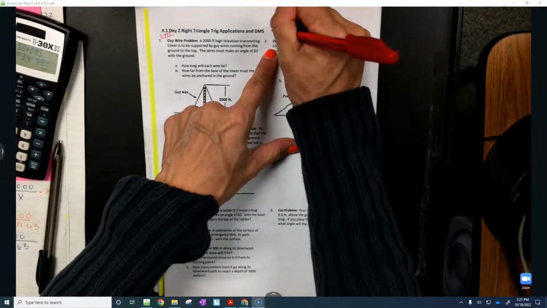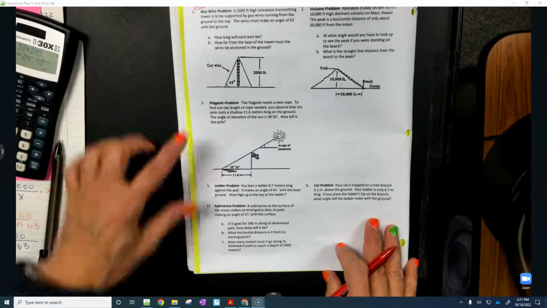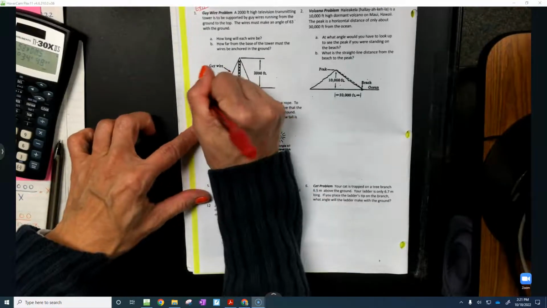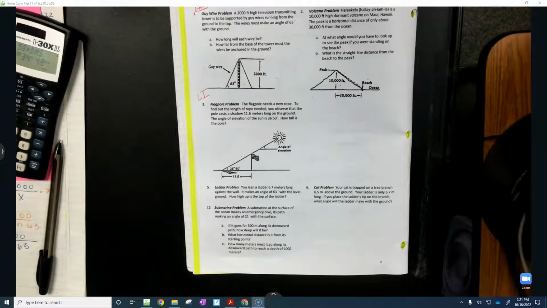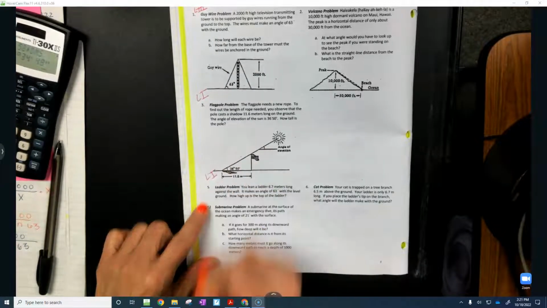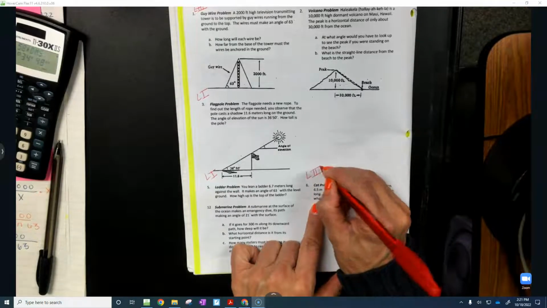Number 2 is level 2. Number 3, level 1. Number 5 is level 1. Number 6 is level 2.